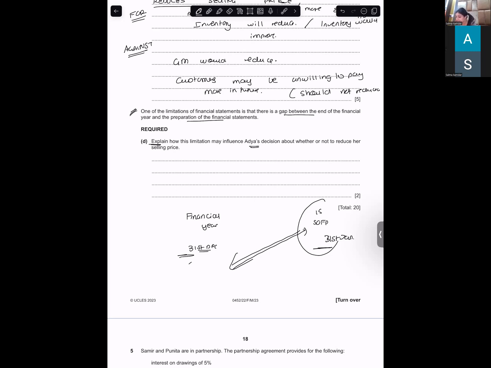So how does this gap influence her decision about reducing the selling price? It may take her more time to identify what selling price she should set. When she has to decide about reducing the selling price, she needs to consider inventory at the present date.